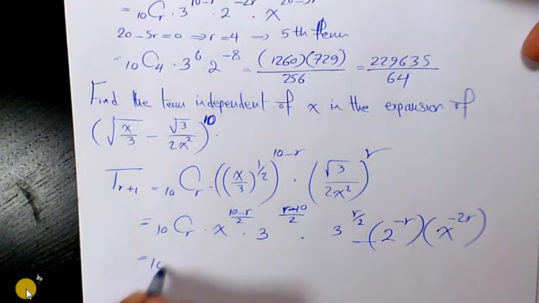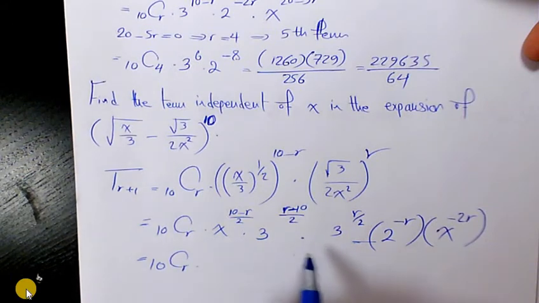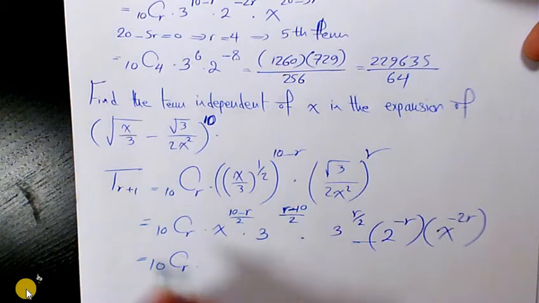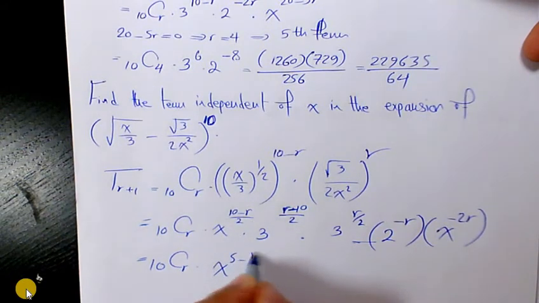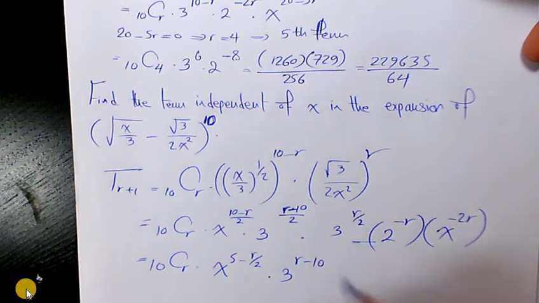So that's going to be 10Cr, x to the power of 5 minus r over 2, 3 to the power of (3r minus 10) over 2, 2 to the power of negative r.